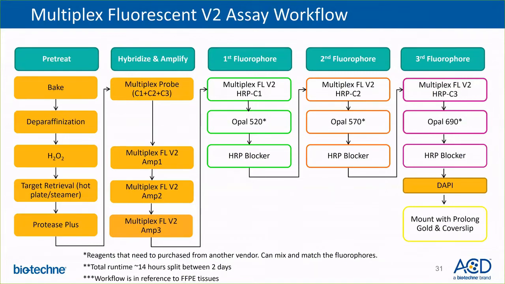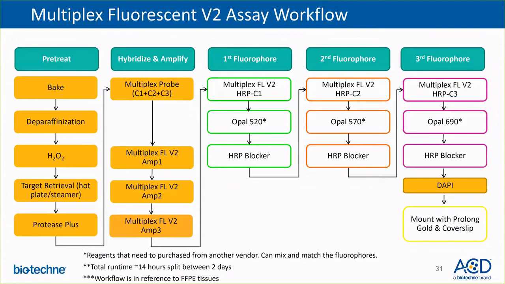The AMP1, AMP2, and AMP3 steps are a pooled combination of the pre-amplifier and amplifier molecules so that the amplification trees begin to form simultaneously. This schematic shown here uses the Opal 520, 570, and 690 in the C1, C2, and C3 respectively, but these may be swapped as per your preference.